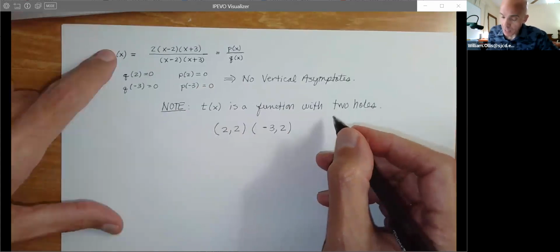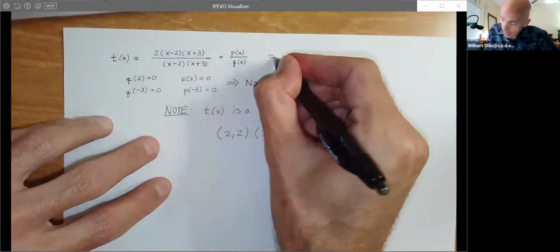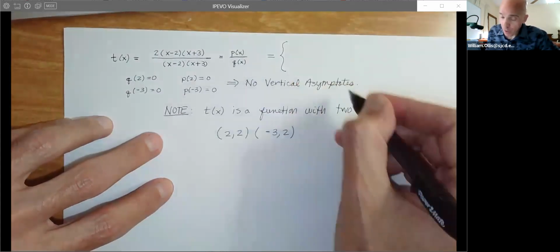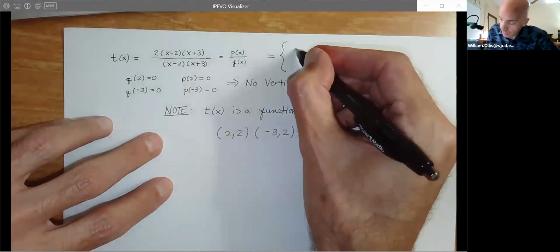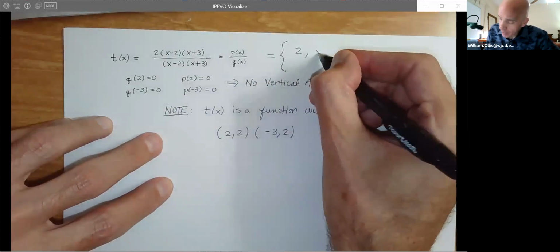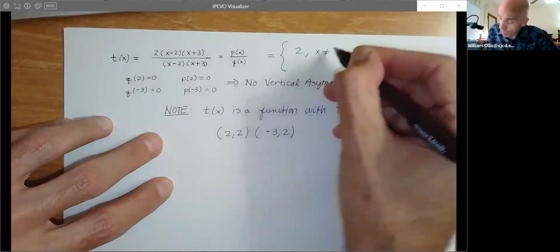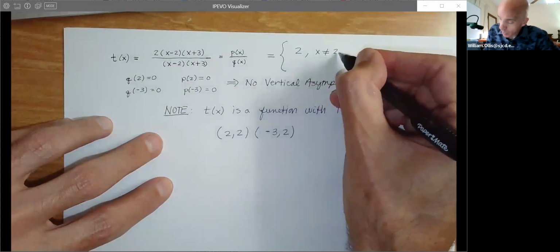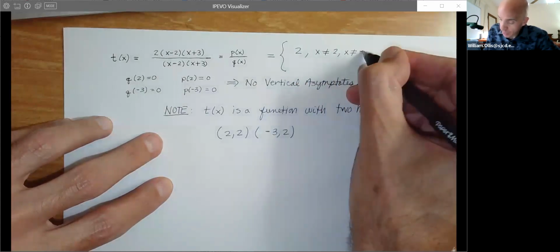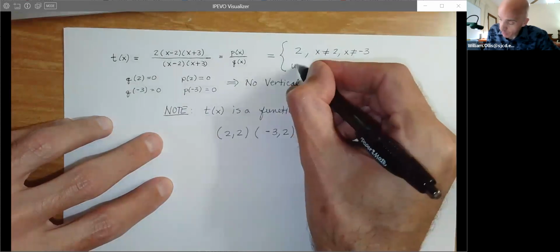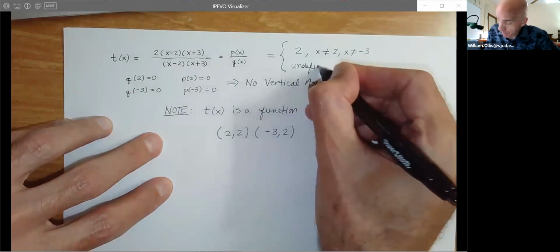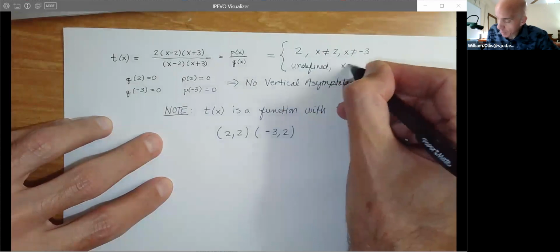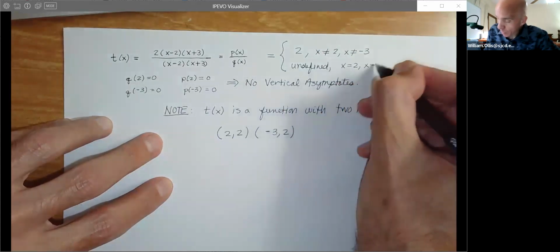Because look, what does this equal? This function equals 2 when x does not equal 2, x does not equal -3. And it is undefined when x equals 2, x equals -3.